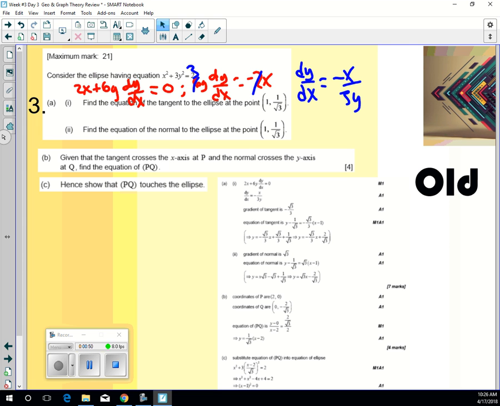Find the equation of the, oh, we don't have the equation yet. All I have is the equation for finding the slope. So I take this point, then the slope is just going to be negative x, which is 1 over 3 times 1 over the square root of 3.